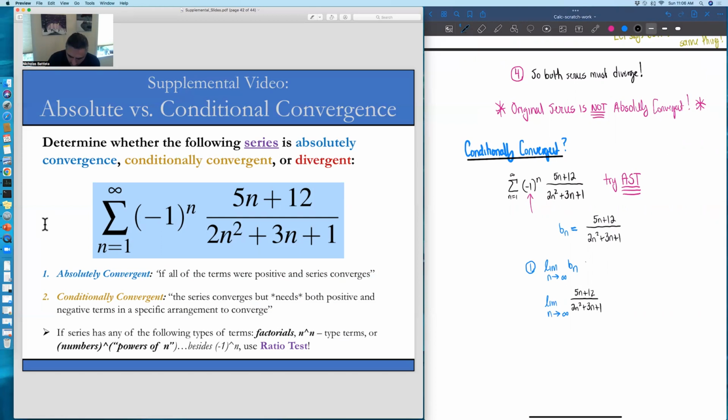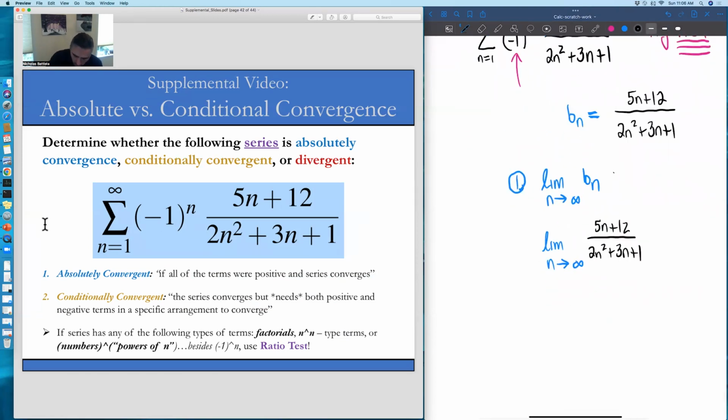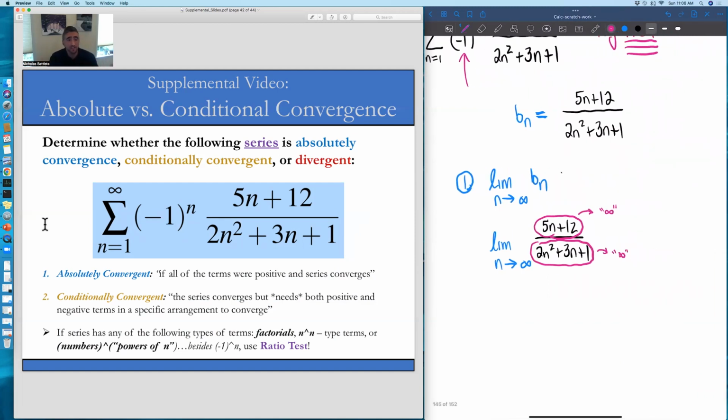The numerator, 5n plus 12, is looking like infinity, and similarly the denominator is also looking like infinity. So we have an infinity over infinity indeterminate form once again in this problem.